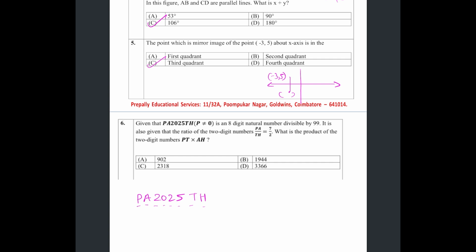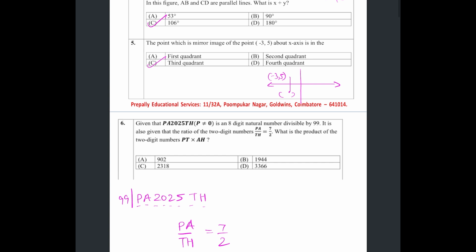So we have 99 divides this number, right? And it's also given that PA and TH, the two-digit numbers, are in the ratio 7:2, right? So what is the product of the two-digit numbers PT into AH?